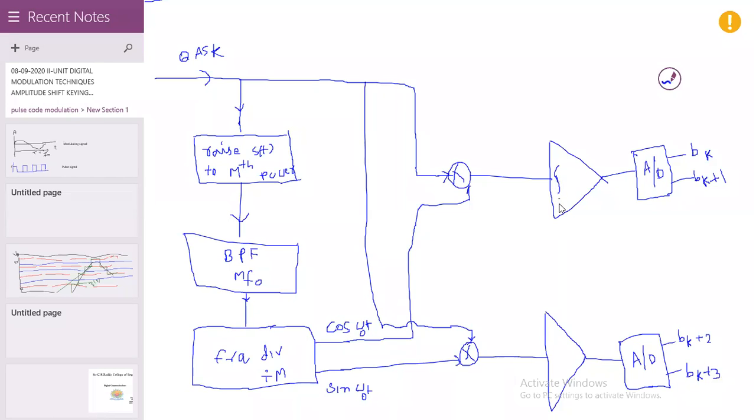So it integrates the signal. You will get here A of t. Similarly here also 0 to Ts, D of t, A naught of t.